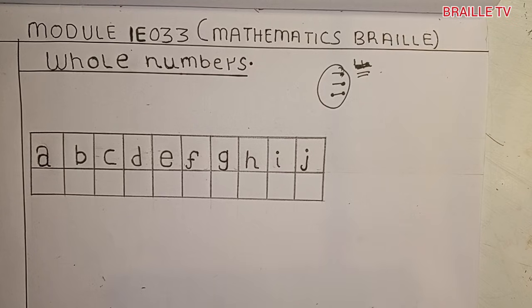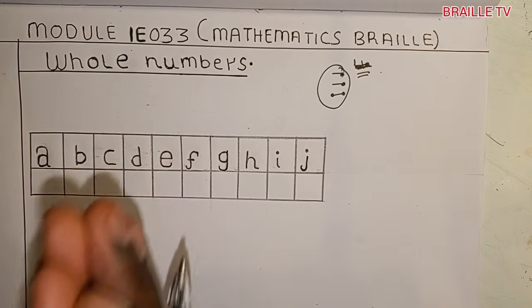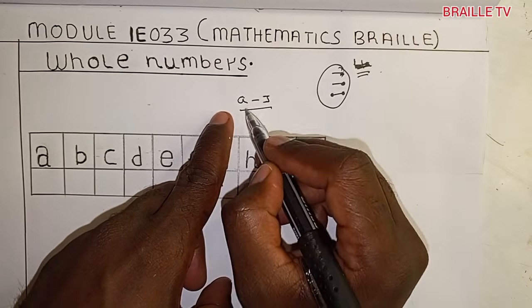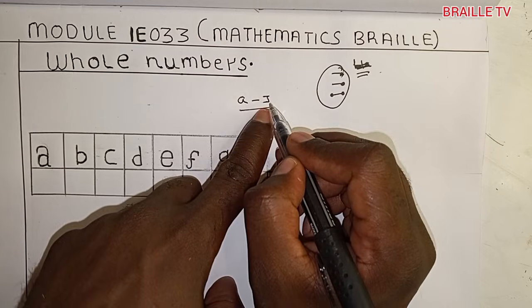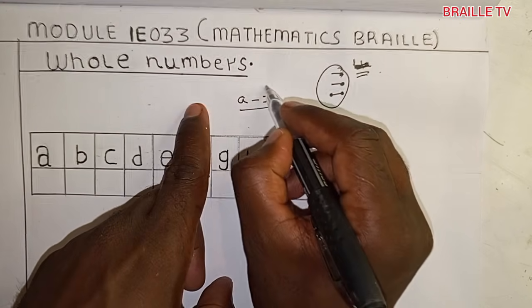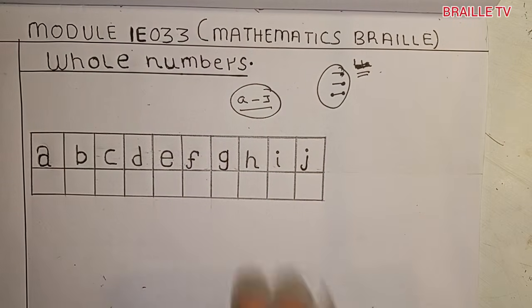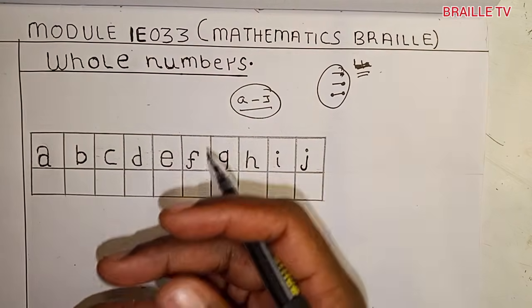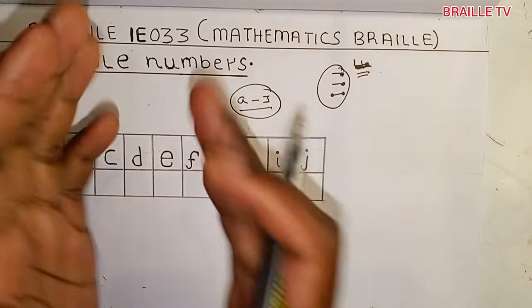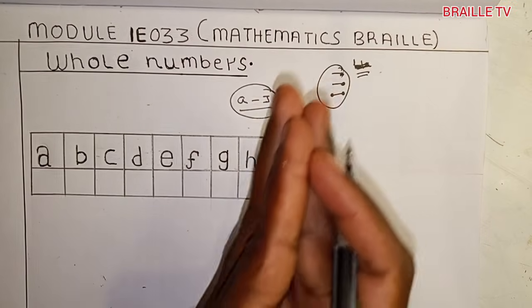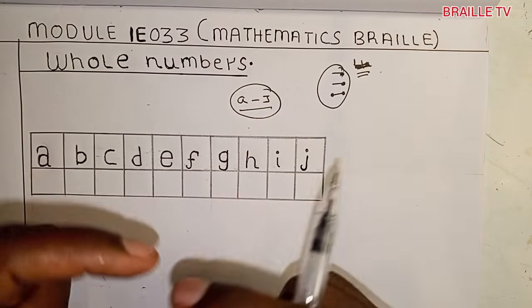We don't just use any letter, but specific letters: letters A through J. These letters are used to represent numbers. Then we are going to see how we differentiate between a letter that means a letter and a letter that represents a number. We are going to explain that.